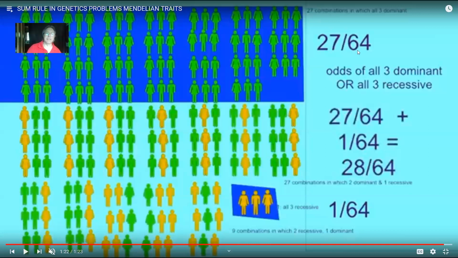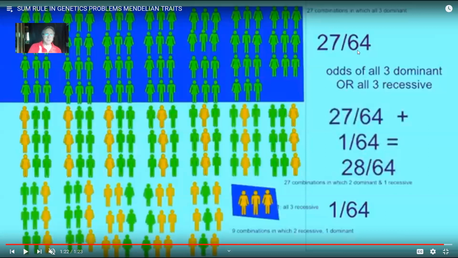And as we'll see later, you say, I predict a 9 to 3 to 3 to 1 ratio. And then you measure the offspring and you don't get it. Well, that means there's something else going on. Maybe the genes are linked. Maybe they're on the same chromosome. Maybe there's something else happening. If you didn't have a way of testing hypotheses, you would say, oh, we kind of think this, yeah, kind of, sort of, we see it sometimes.